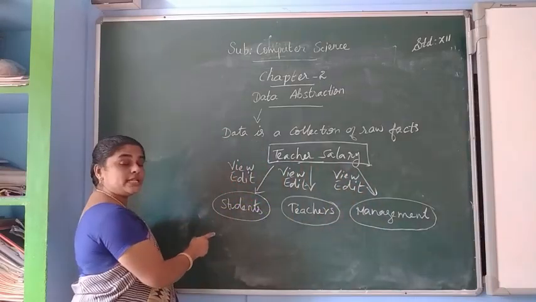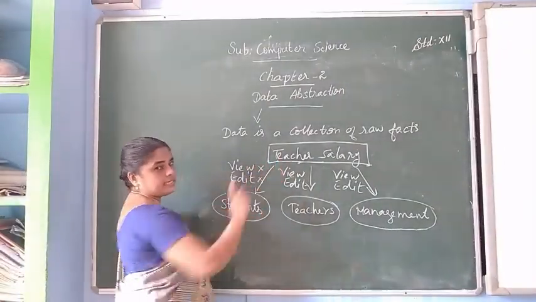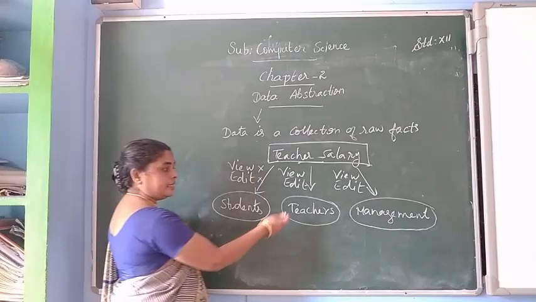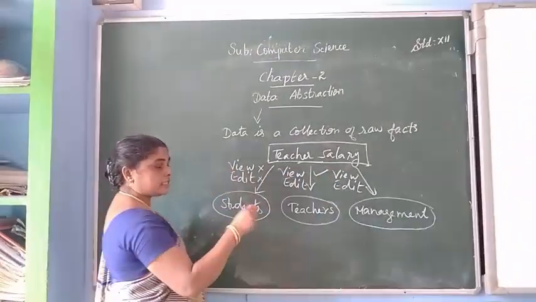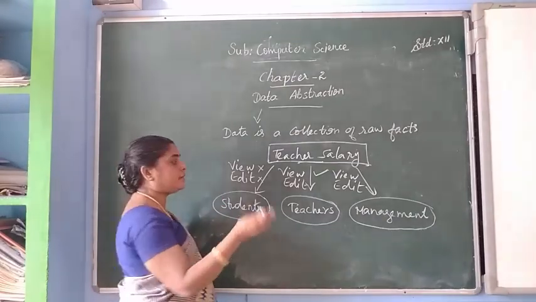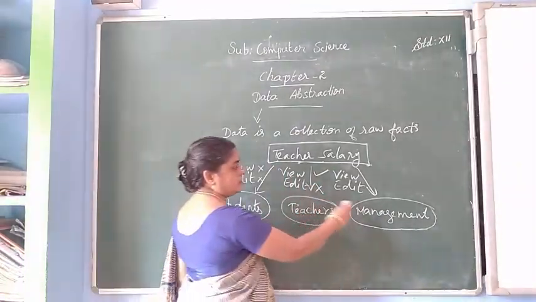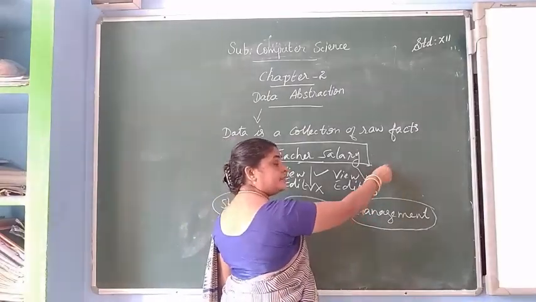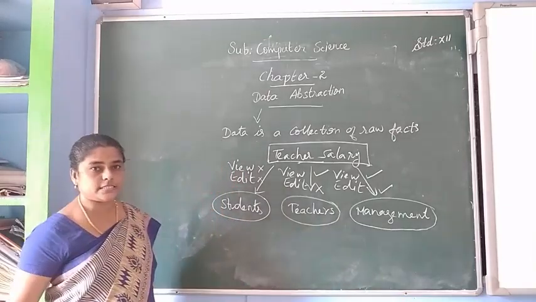Here the students cannot view or edit the salary of the teachers. Teachers can view their salaries, but view means they can see their salary but they cannot edit it. Next, management can view their salary and they can edit the salary of the teachers.